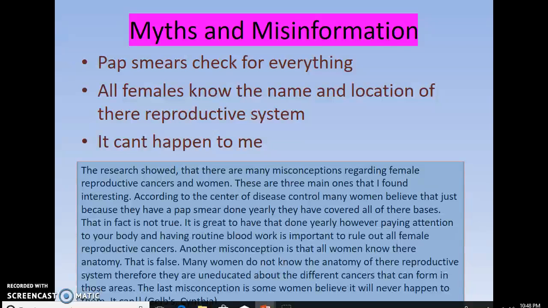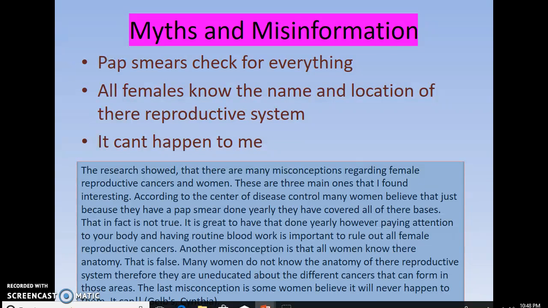And then the last misconception, or myth, is that some women believe it will never happen to them. I'm here to say that it definitely can. We always hope that it won't, but it definitely can happen. That's why I can't stress enough to make sure that you're not ignoring signs within your body.